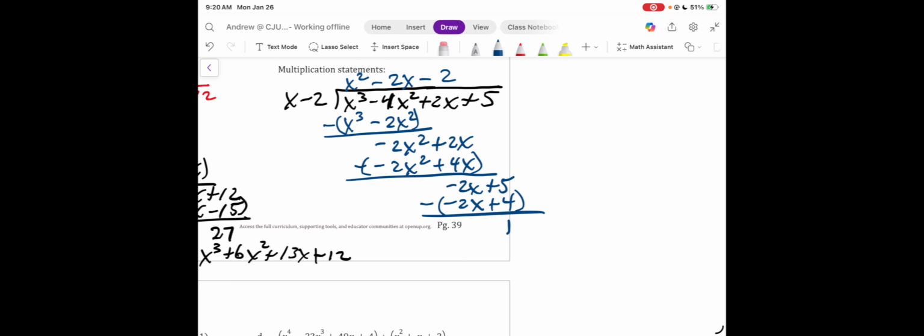So another way to write this is x minus 2 times the quotient x squared minus 2x minus 2 plus, for the remainder, 1 over the divisor, x minus 2. And that's supposed to equal the original dividend.